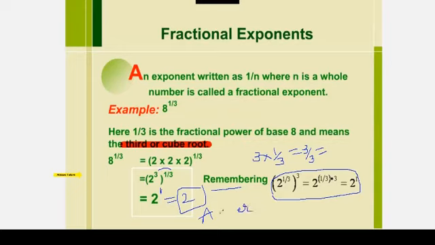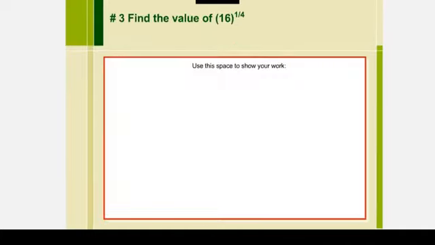This is how we will be simplifying or solving fractional exponents by rewriting the base. So the hint is to rewrite the base so that it has the same power as the denominator of the fractional exponent. So 2 cubed, 2 has the power 3, same as the denominator of the fractional exponent, so that I can cancel them out. In other words, the 3 gets cancelled. That is why I am left with only 1. I hope you understand, children.